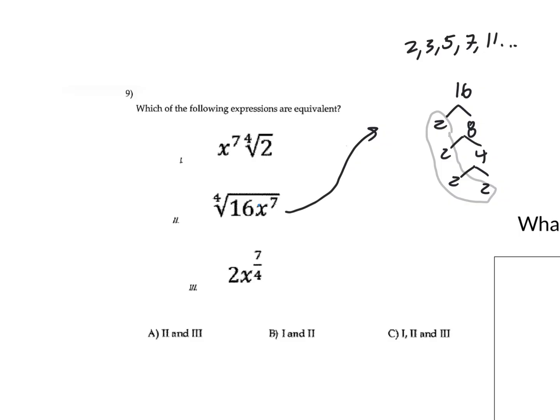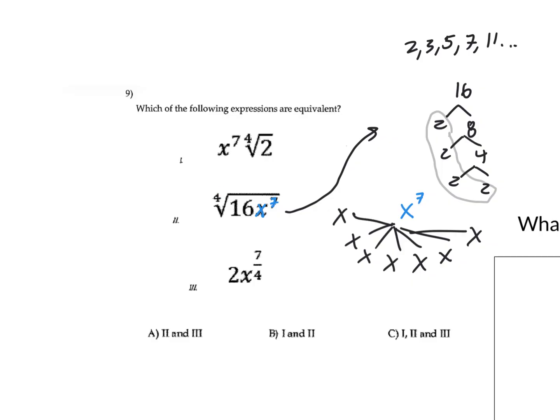Now we also have this x to the 7, this blue x to the 7. Well, hopefully my student watching is recognizing, well, that's just 7 x's, right? That's just 7 of these, all getting multiplied together. And we are looking for groups of 4.